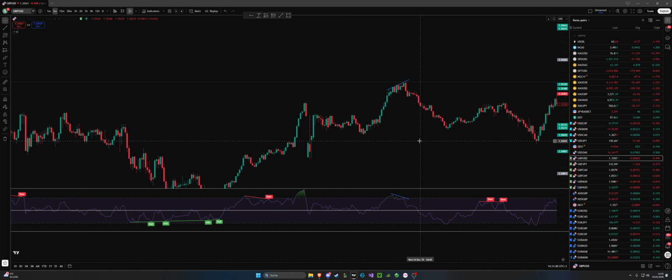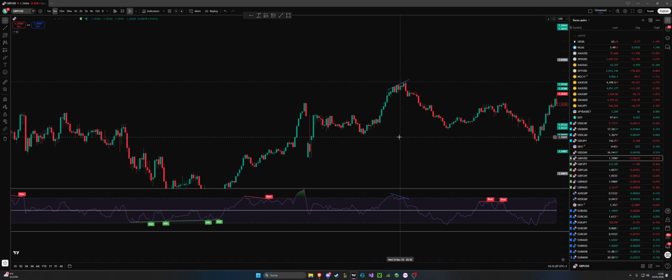So how do you spot high quality RSI divergences? There are a couple of things we need to see. Here in this RSI, we have this line, the 70 reading, and this down here is the 30 reading. These are the readings we mostly look out for.